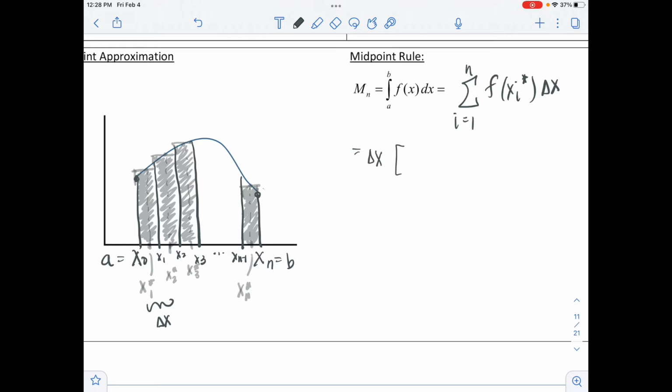And this is now going to be times those heights, which are defined by those midpoints. And we know that delta x is the same as b minus a over n times, again, those heights.